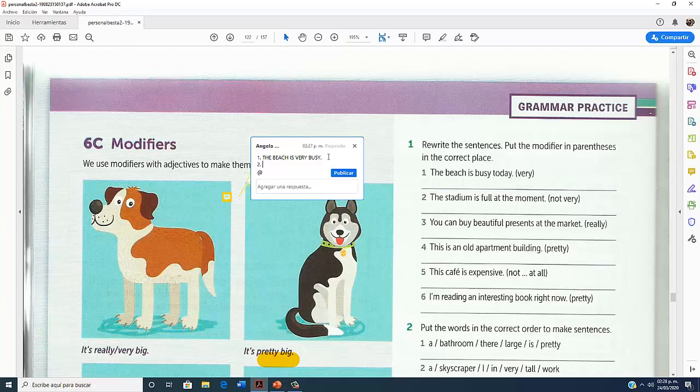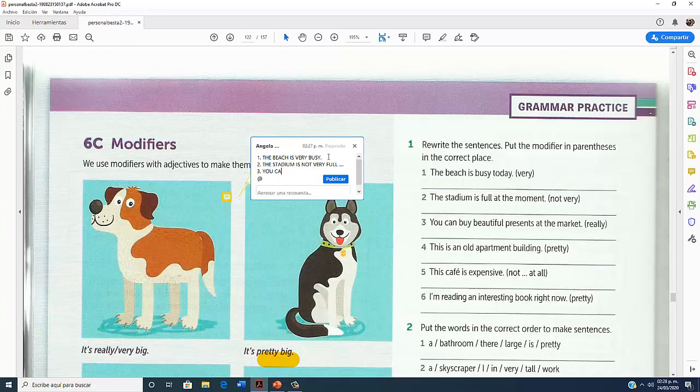Number 2, we have the stadium is full at the moment. The stadium is not very full at the moment. Okay. Number 3, you can buy beautiful presents at the market.